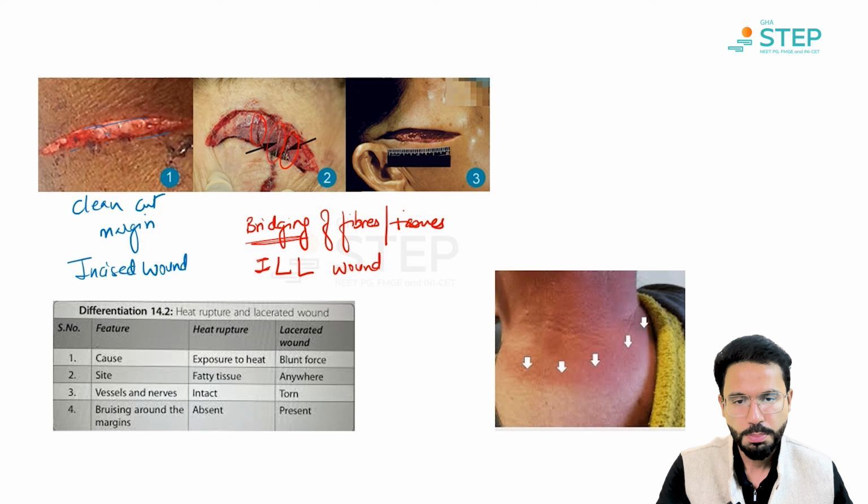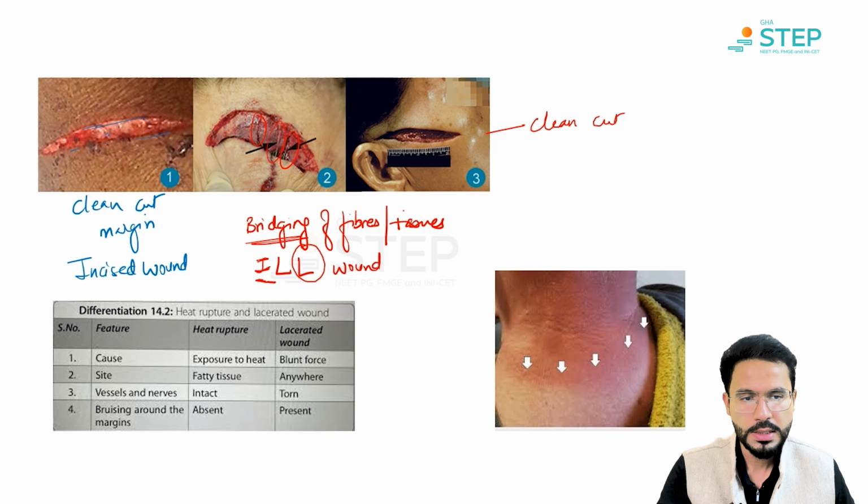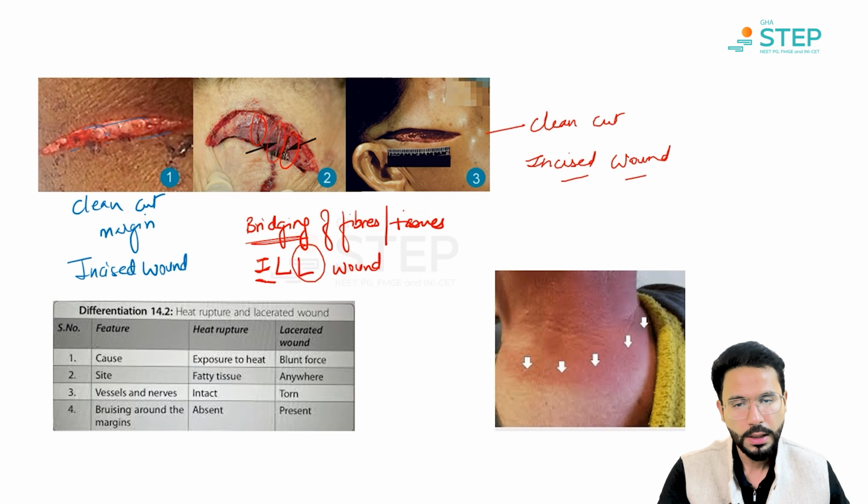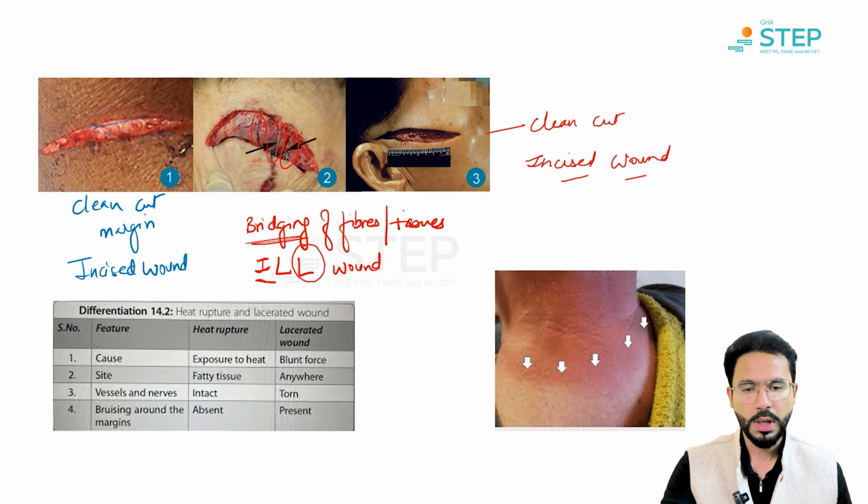But the bridging at the base will show you that this is an incised looking but lacerated wound. And the third image is a perfect clean cut wound again, so this is also an incised wound. So it's good to look at different pictures to understand how to attempt these questions.